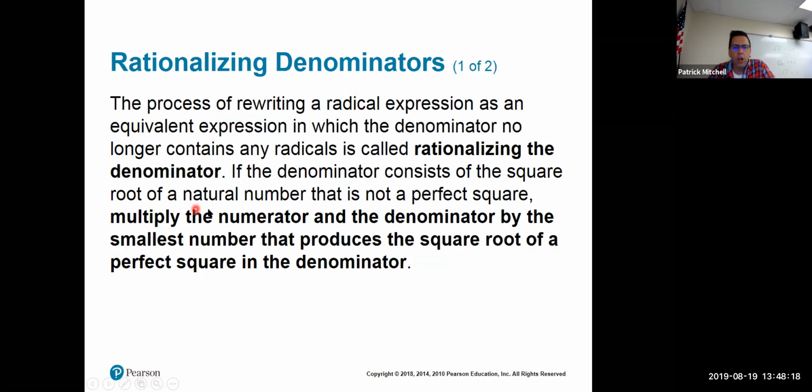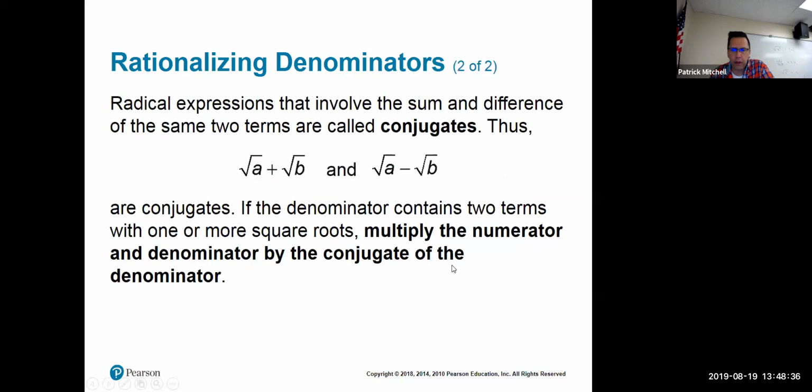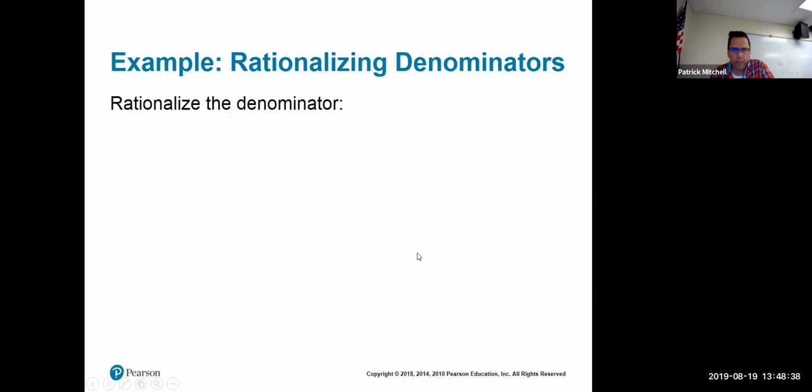Okay. To get rid of a single radical in the denominator, you multiply the numerator and denominator by the smallest number that produces the square root of a perfect square. And that is a wordy, complicated way of saying this. I'm going to skip over this for a minute. We'll come back to that later.